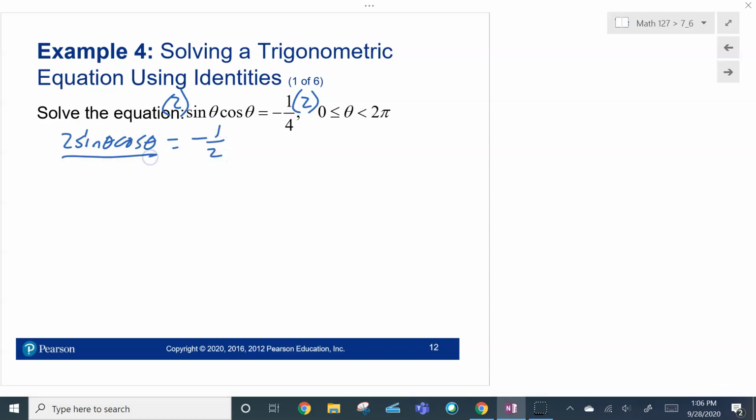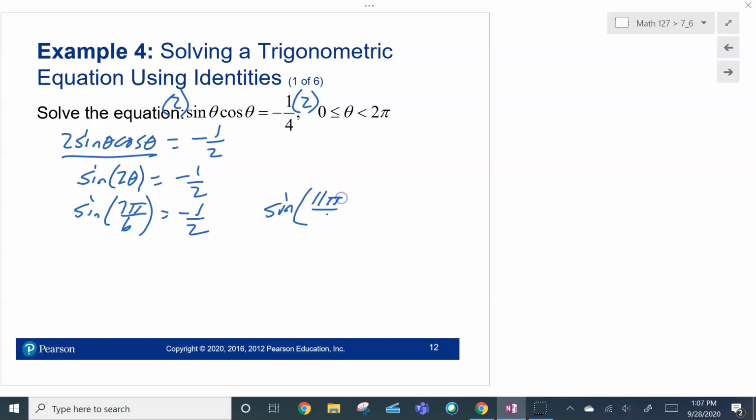The reason I did that is because I know 2 sine theta cosine theta, that double angle formula that I memorized, is just sine of 2 theta. So then I can say, oh, the sine of what is negative a half? I know sine of 7 pi 6 is negative a half. I also know the sine of 11 pi 6 is negative a half as well.